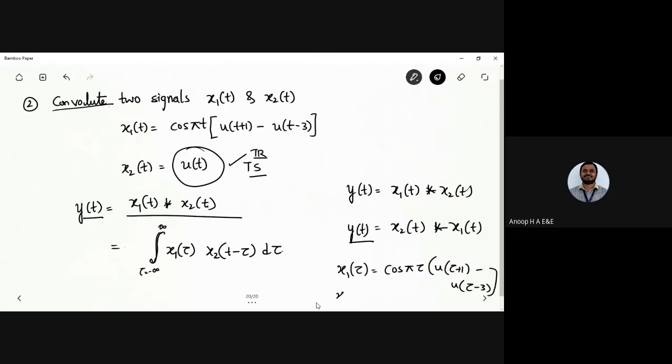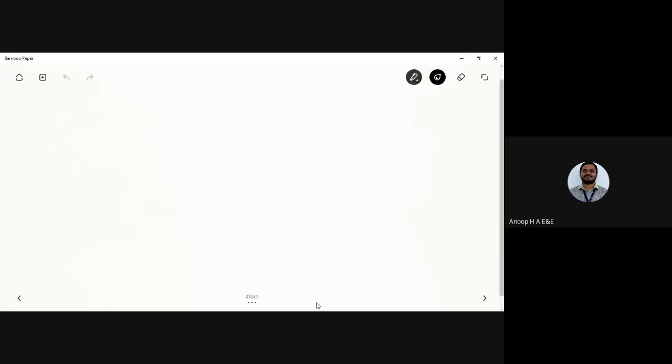So this would be the entire term. So x2 of t minus tau, that is u of t minus tau, which is to be written. So there you are going to evaluate these two signals with respect to the changed domain there. So next you are going to sketch the signals. You are going to sketch the signal.